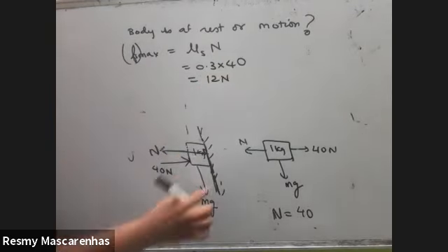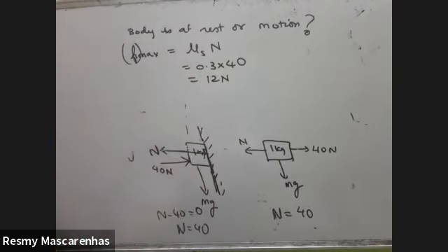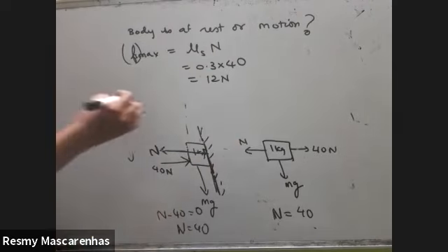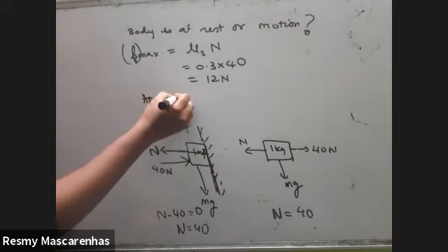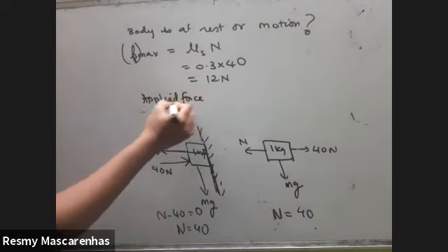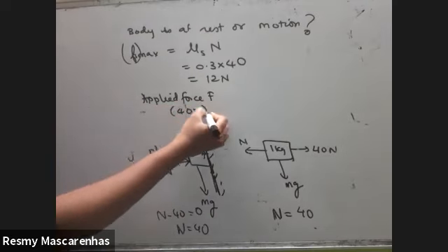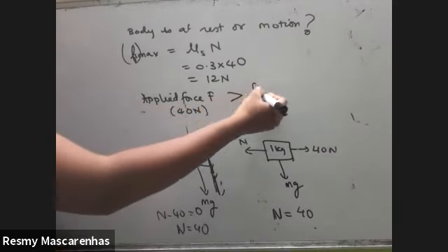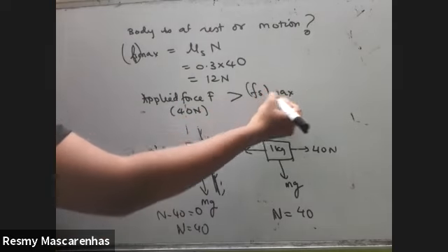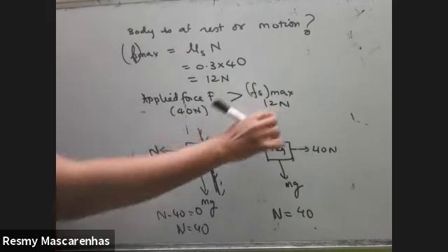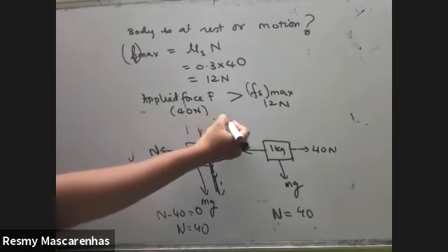So obviously 12 is less than 40. That is, 40 Newton is more than 12. So if this is more than this, the body is in motion.